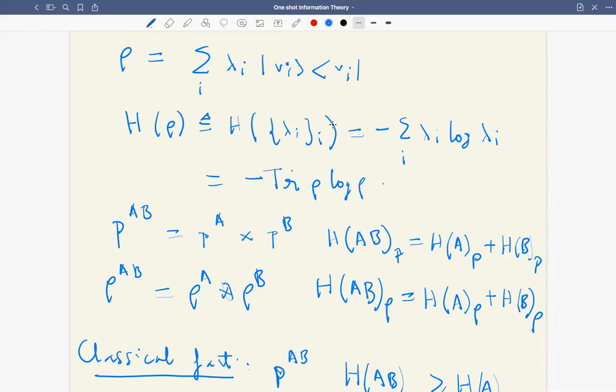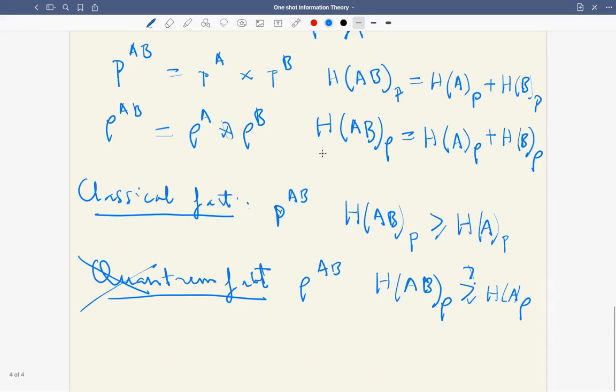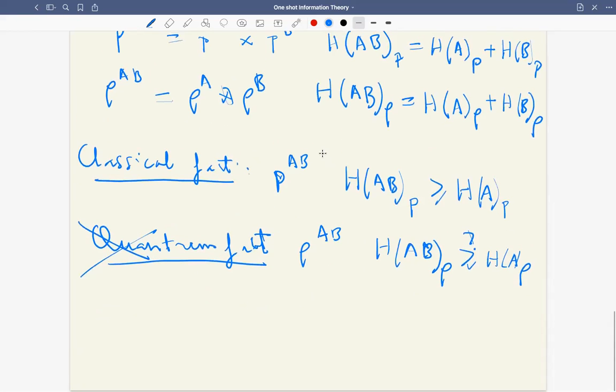Pure states are the analog of the delta probability distribution, concentrated at one point. So entropy of pure states is 0, entropy of mixed states is in general greater than 0, and the maximum entropy is log of the dimension of the space. All these things easily follow. No surprises there, but here is the surprise.